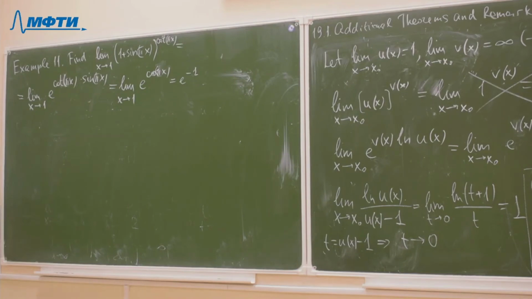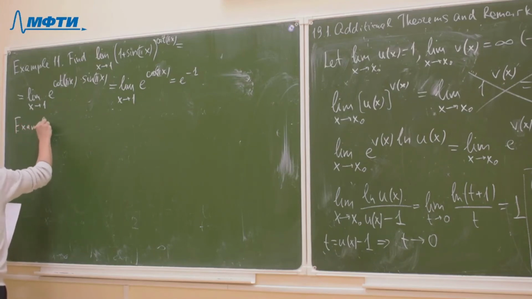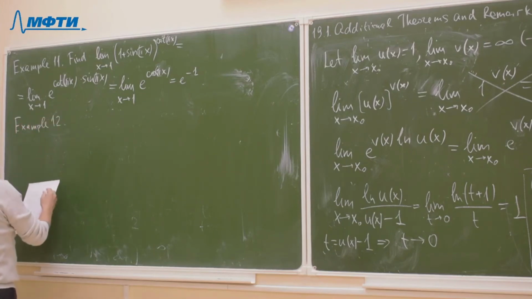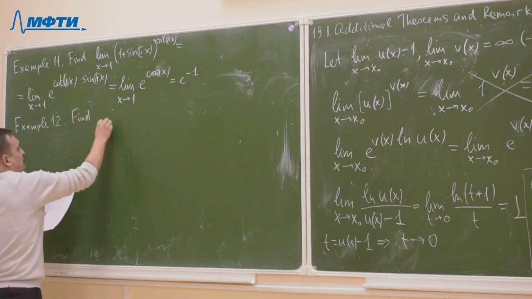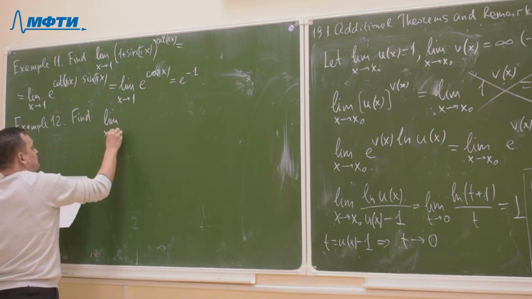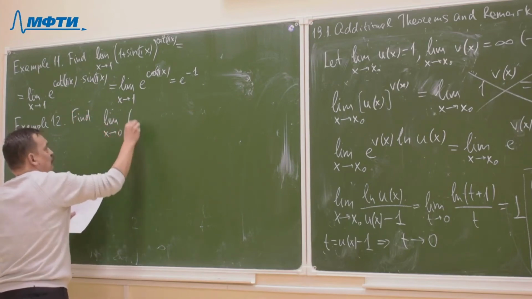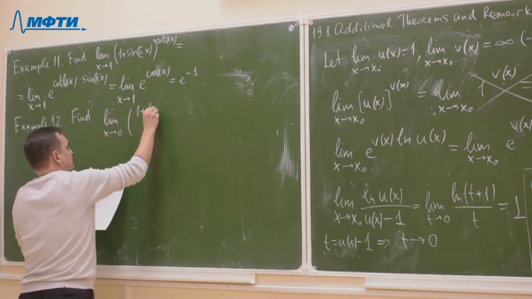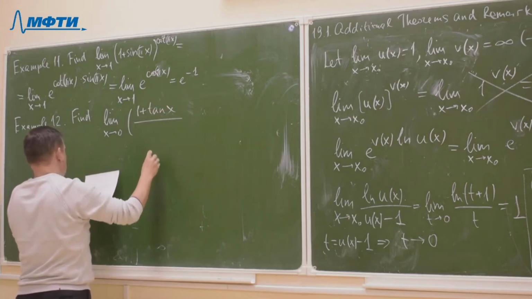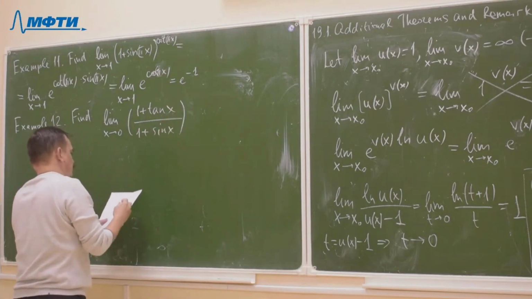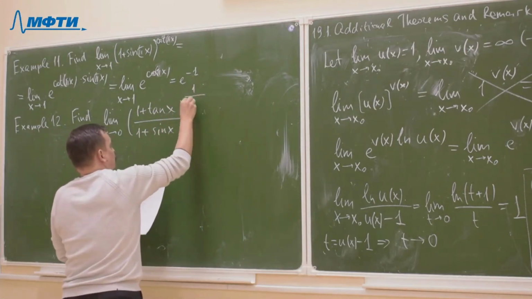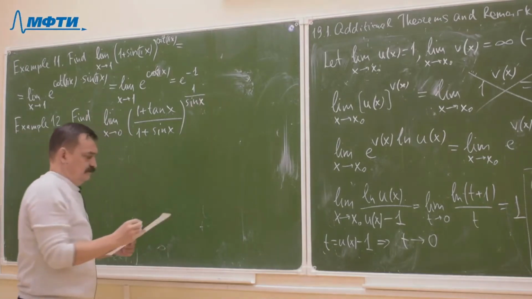Next example, example 12. Find the limit as x tends to 0 of (1 plus tan x over 1 plus sine x) to the power 1 over sine x.